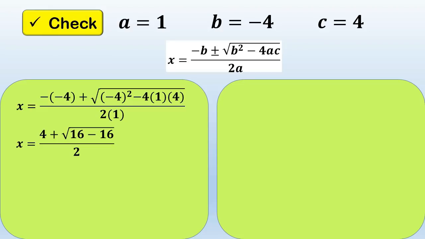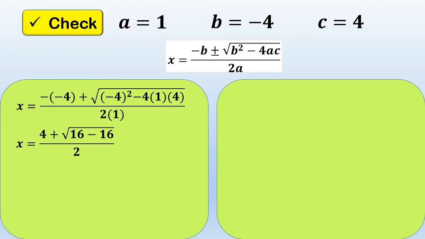Sabi nga natin, when we are multiplying negative to negative, the answer is positive. So, negative times negative 4, the answer is positive 4. Then, square root of negative 4 squared. Negative 4 squared is equal to positive 16 minus 4 times 1, which is 4. 4 times 4 is equal to 16, over 2 times 1.